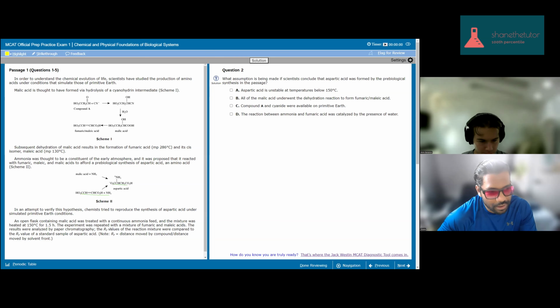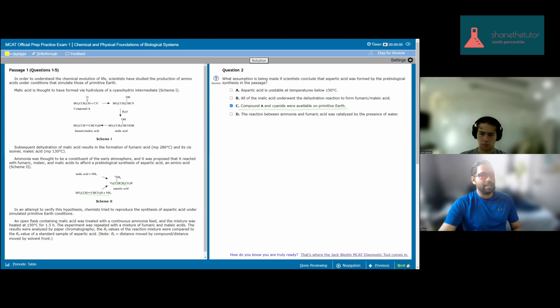If it was catalyzed by the presence of water, that should be like a hydrolysis type of reaction, which is what we don't see. So yeah, it should be C.